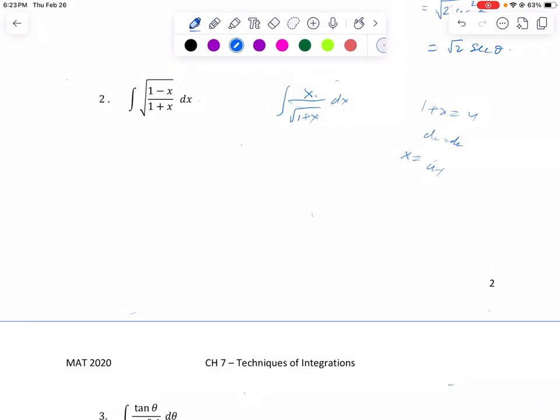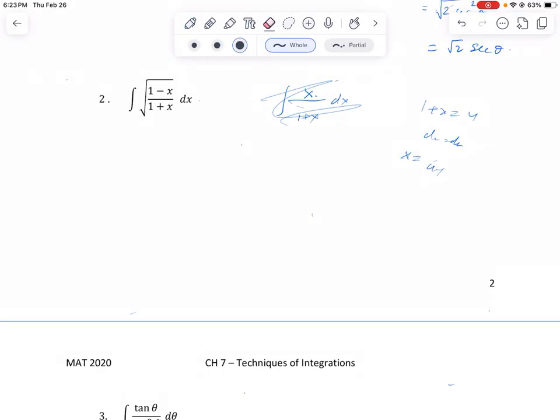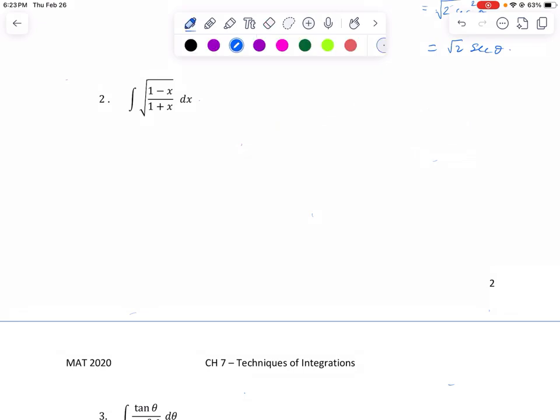Here though, if we use such a substitution, setting u equal to 1 plus x or 1 minus x, whichever, it will still not resolve the issue. I encourage you to try plugging in, let's say 1 plus x equal to u, and then try to simplify. But you will see that you come to a level where you are stuck and you cannot move further.